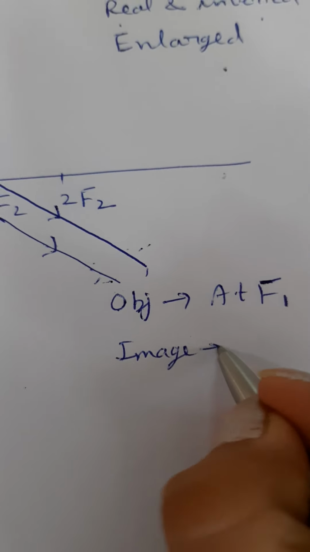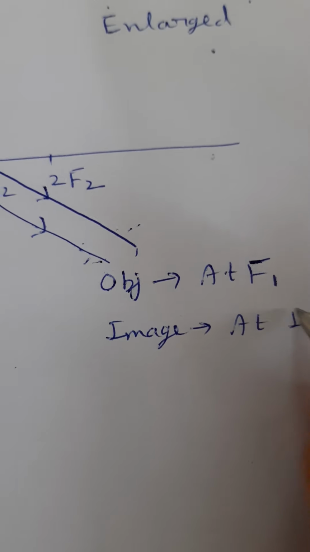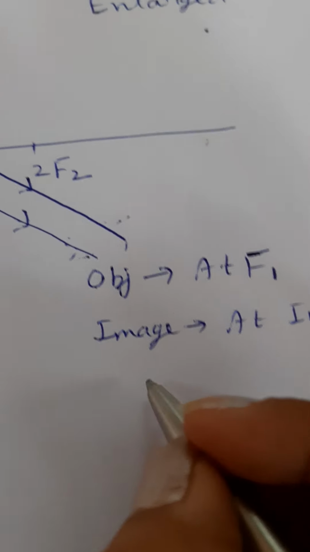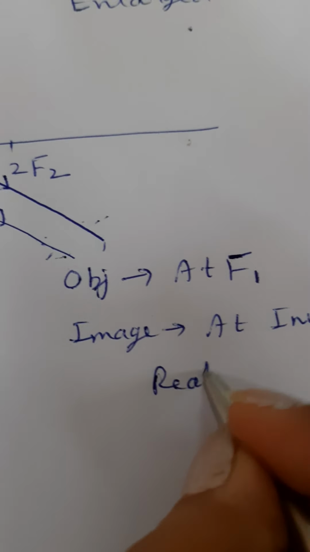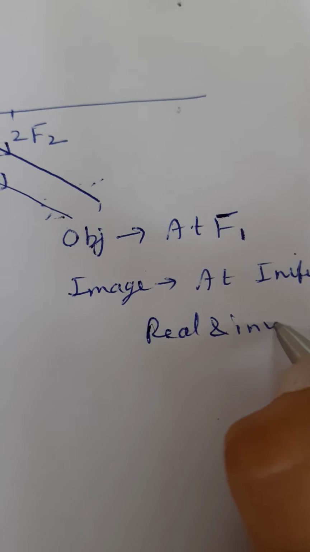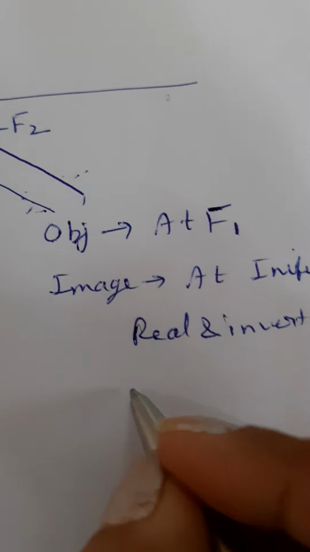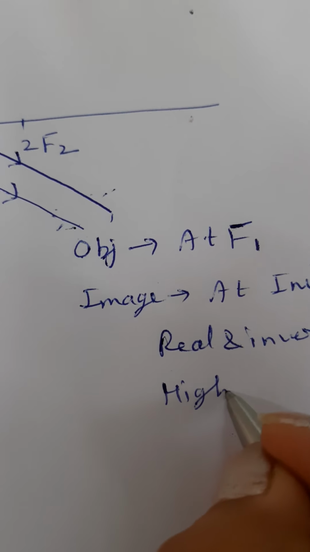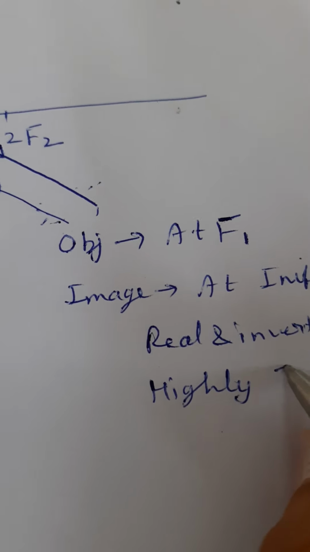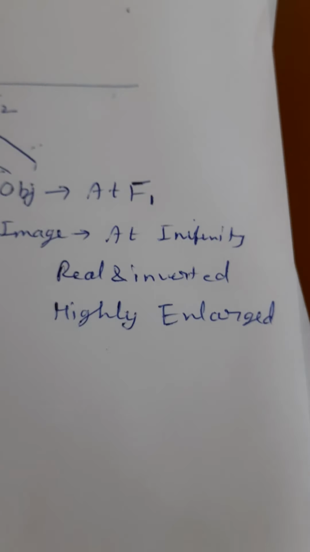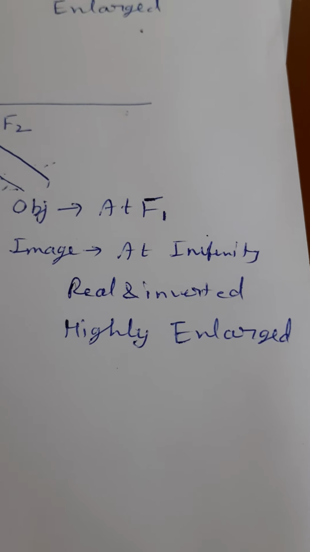The image is at infinity. What kind of image? Real and inverted, and the image will be highly enlarged. Whatever the size of the object, the image will be enlarged.